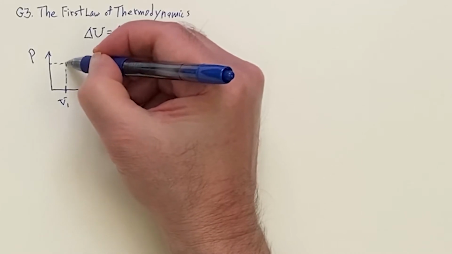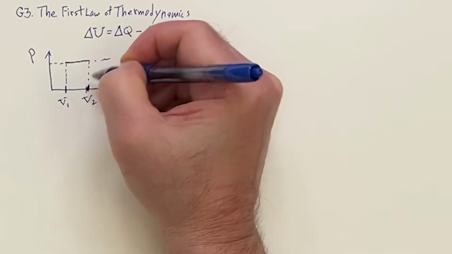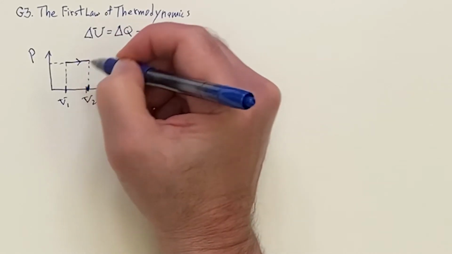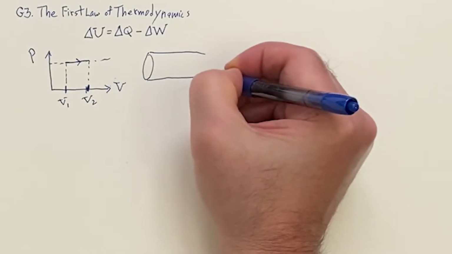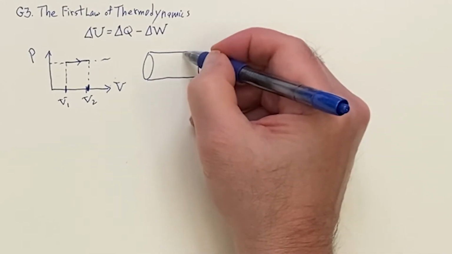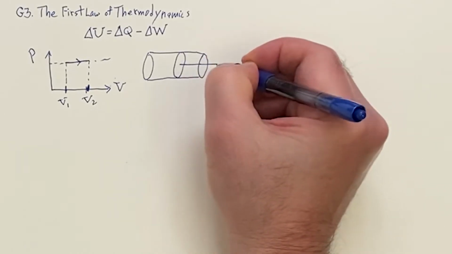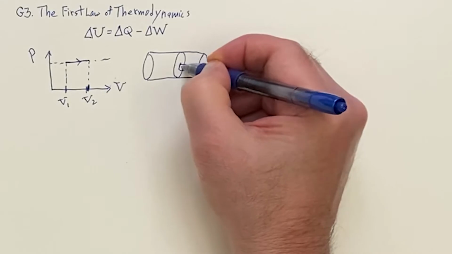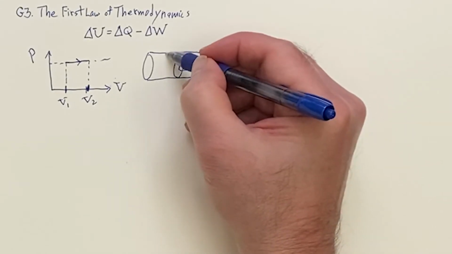And here at this pressure, if we have a pressure that does an expansion, so we can consider this, say, where you have some piston here.